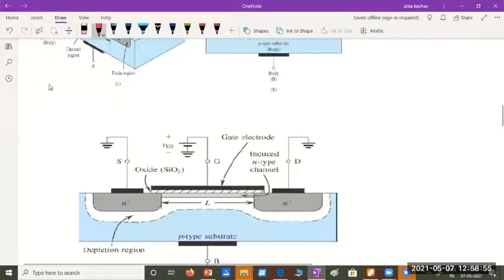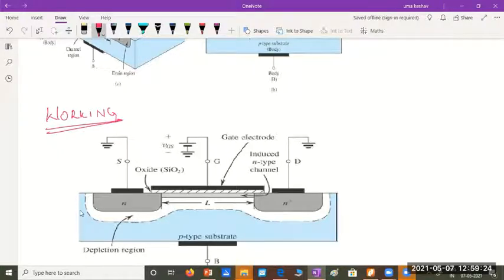Next, as soon as it is constructed, what happens? You can see N material forms a junction with P material, forming a depletion region in between. Whenever N type comes in contact with P type material, you know that a depletion region will be formed.